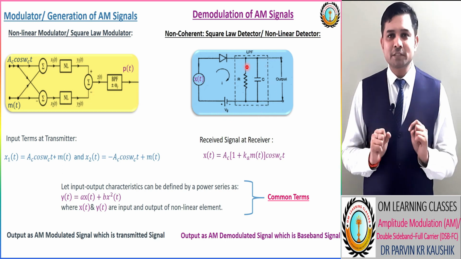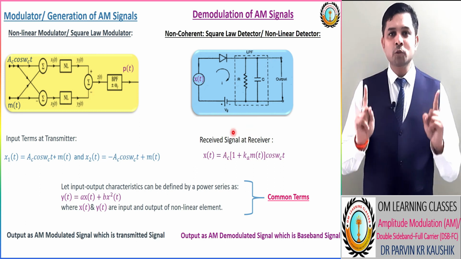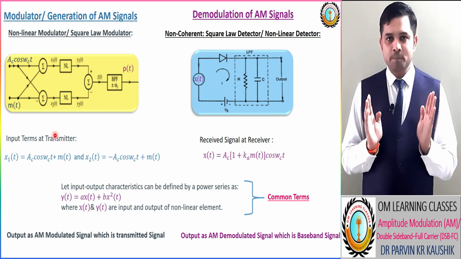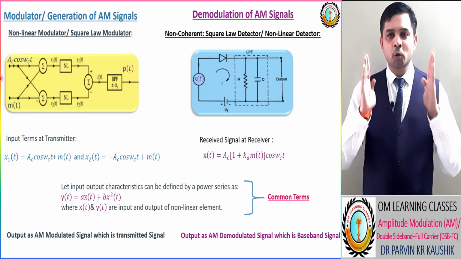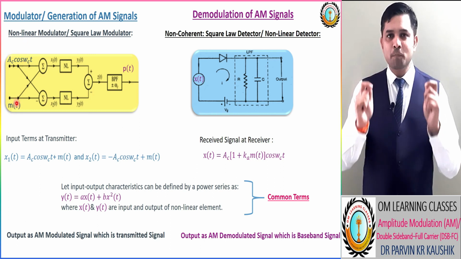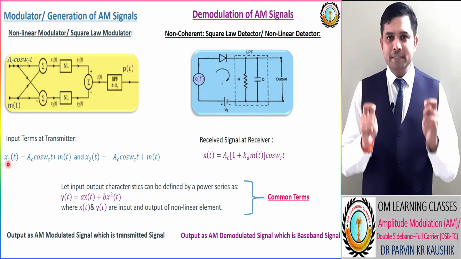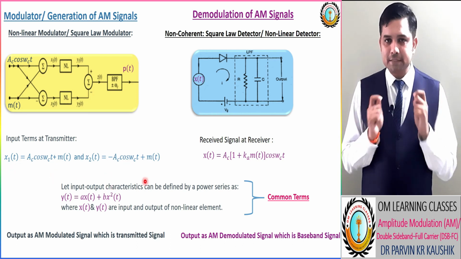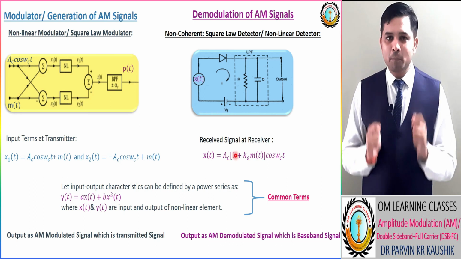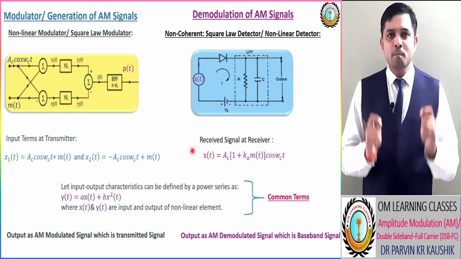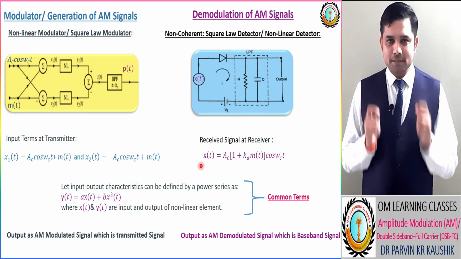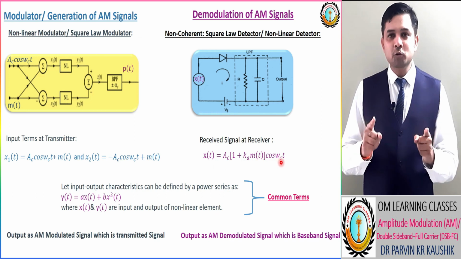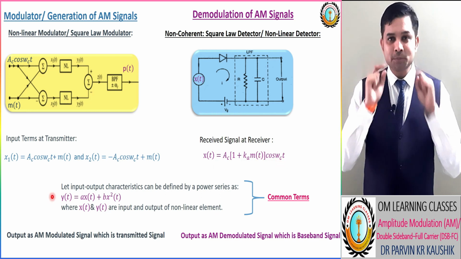The second observation is according to their working principle. In the modulator we have the input, that is the modulating signal plus carrier signal, means m(t) plus Ac cos omega c t. In this we have the input signal, that is the AM modulated signal. So in the modulator we have to make the transmitted signal.